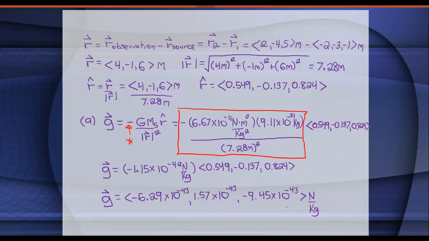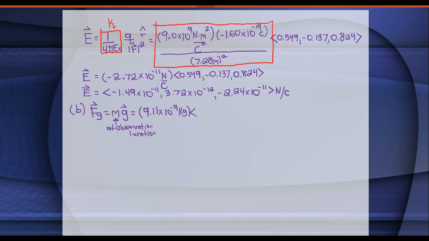So we're going to multiply by all these numbers. We have negative 6.29 times 10 to the negative 43, 1.57 times 10 to the power of negative 43, and negative 9.45 times 10 to the power of negative 43.